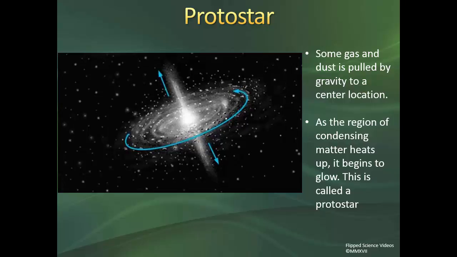As things begin to heat, the protostar begins to glow. It's a very dim glow, but what you're actually seeing is the heat and light being given off by a protostar. Also during this time frame, material starts all going in one location. It is the beginning of the orbital paths of stars and meteorites and other objects that will go around the future star.